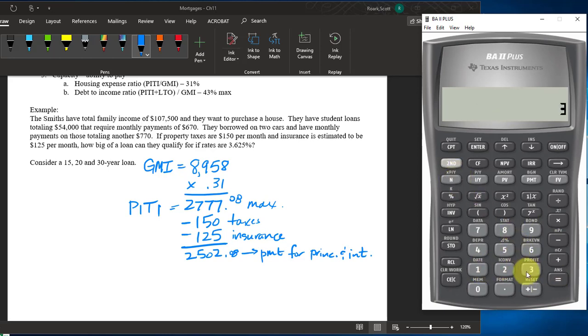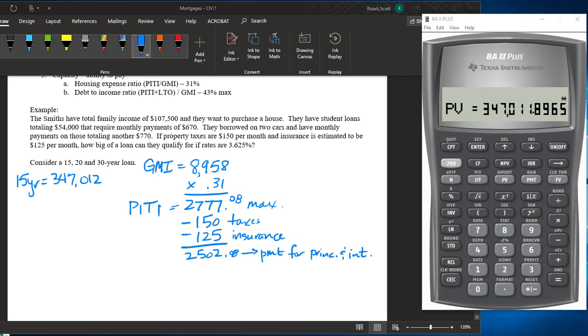The interest rate is 3.625, and we need to divide that by 12 to get a monthly rate. And zero future value, so we've got to pay the loan off, and we compute the present value. For a 15-year loan, the max they can borrow is $347,012.